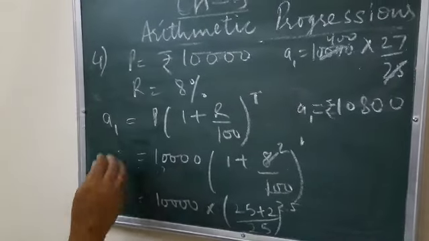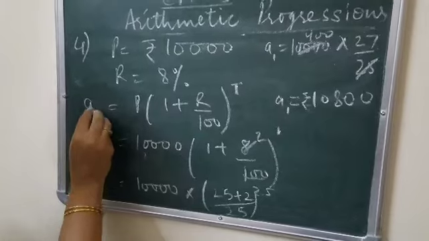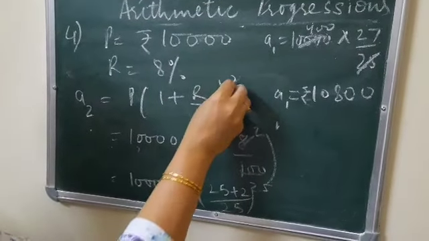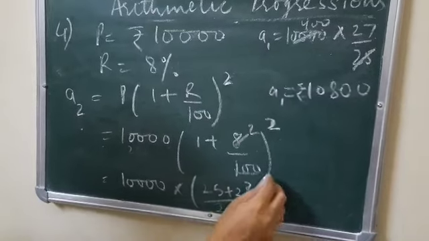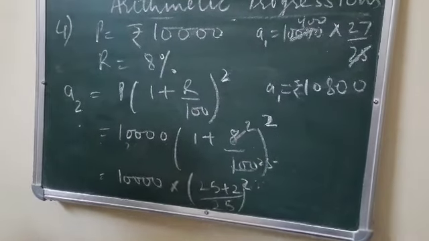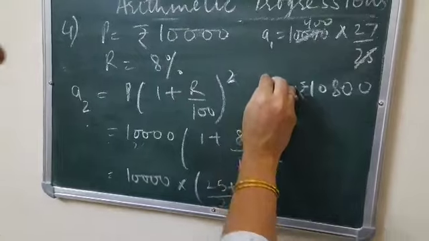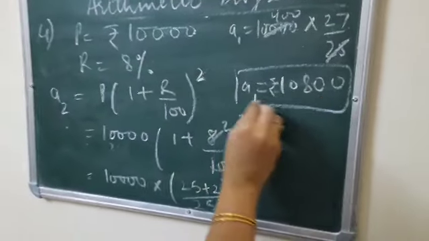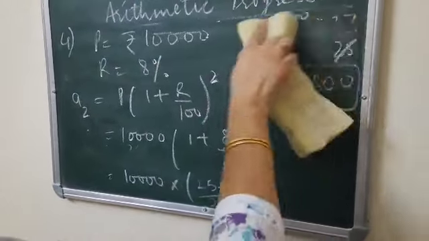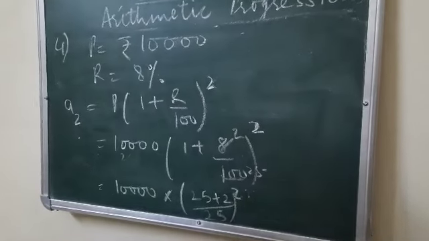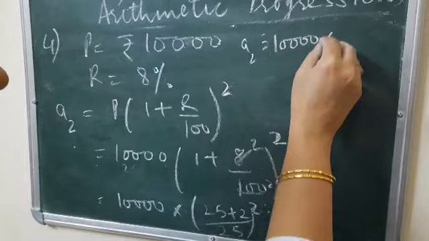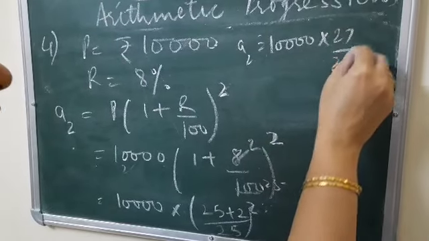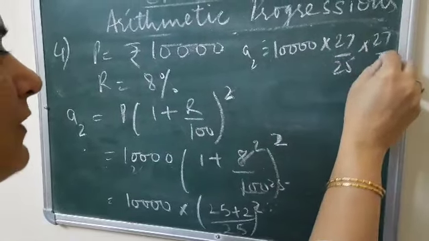Similarly, when we find A2, our T will become 2. So A1 you have noted 10,800. We are finding now A2. A2 is 10,000 into 27 by 25 into 27 by 25.